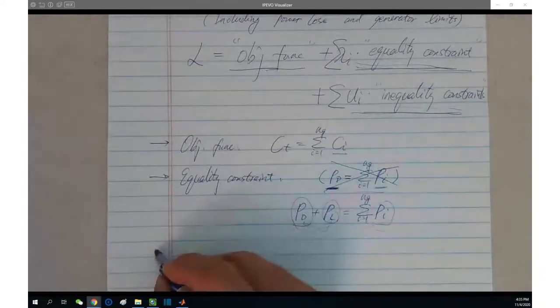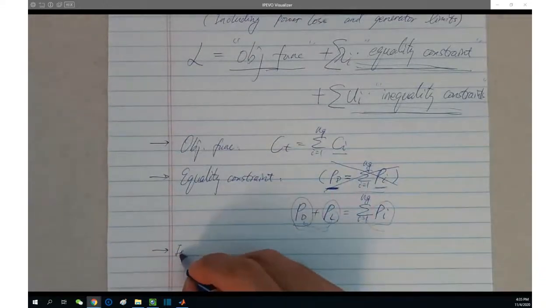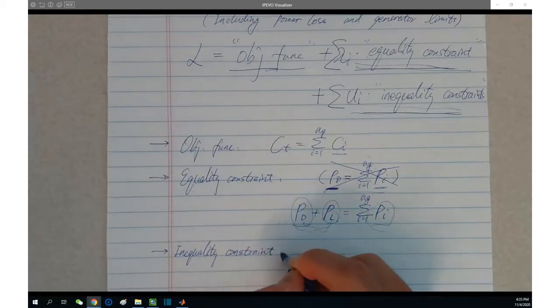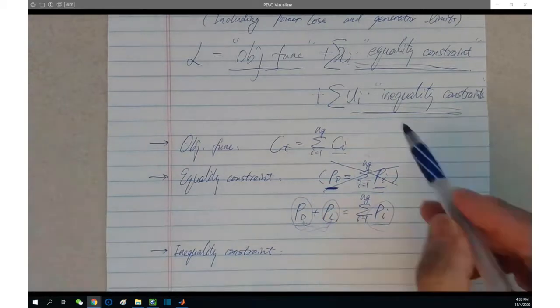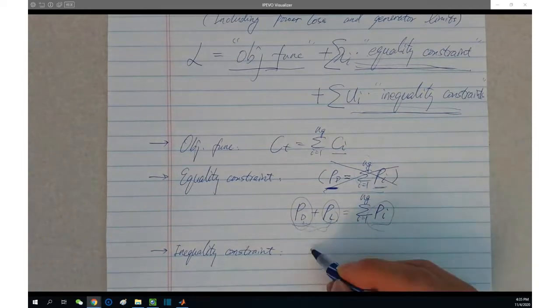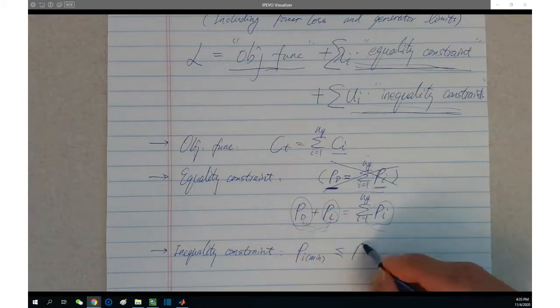Next is the inequality constraint, involving the generator limits. What does it mean by generator limits? It's actually not very difficult. Each generator has a power limit.